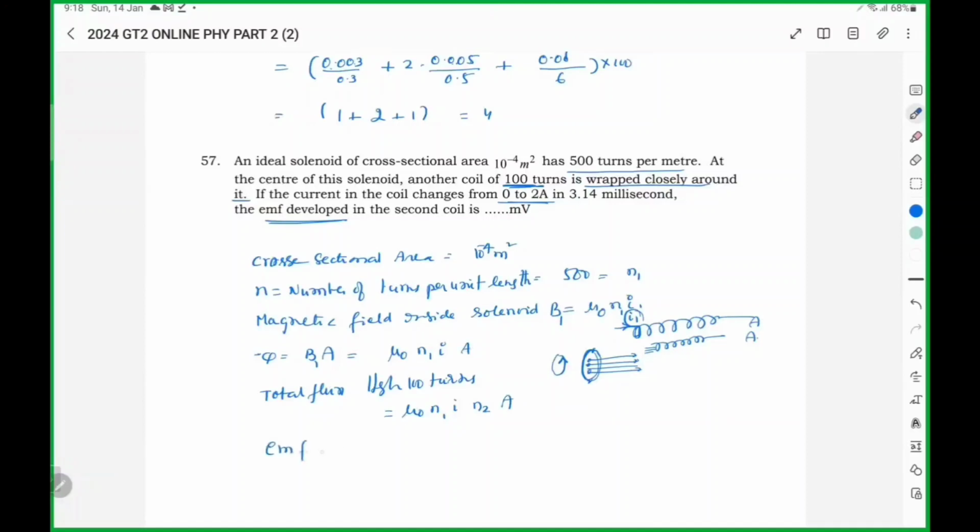EMF induced is d phi by dt, that is mu naught n1 N2 I A by the time taken, which is 3.4 milliseconds. Mu naught is 4 pi into 10 power minus 7. n1 is 500, N2 is 100. Current is 2 amperes.